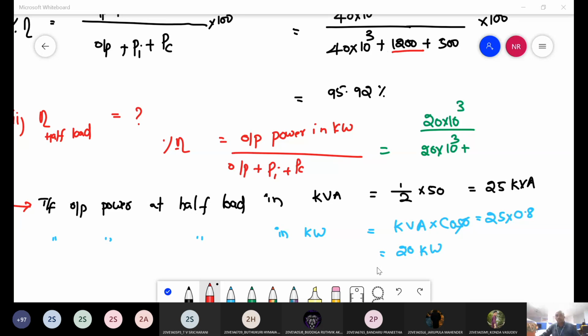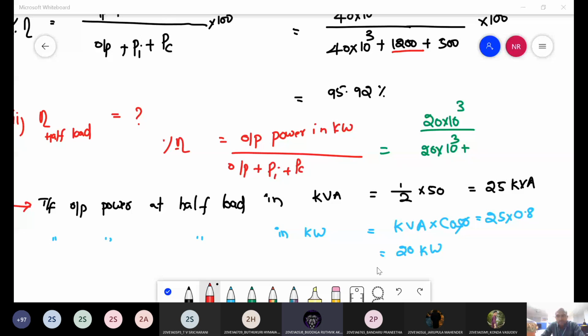Now tell me, at half load, what is the iron loss value? The same, they are constant.